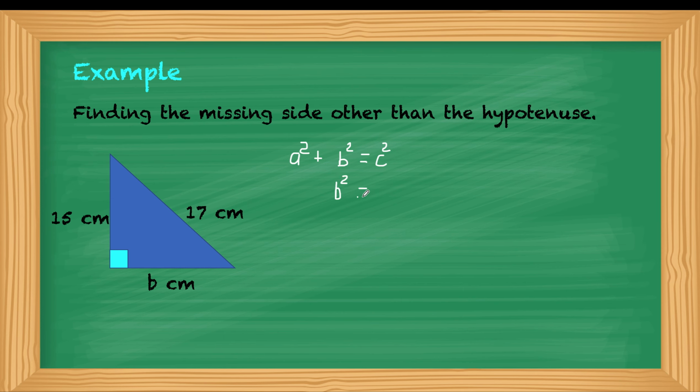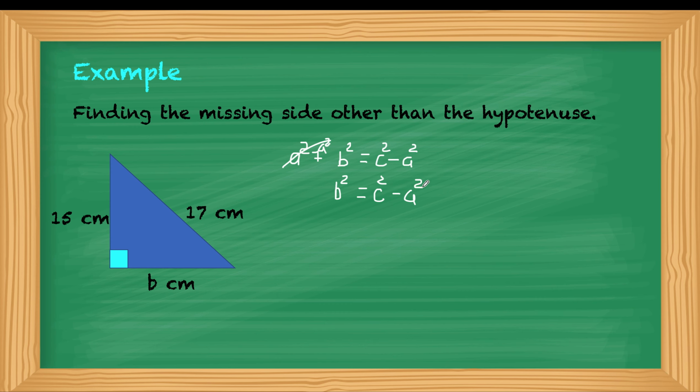Because a squared is being added on this side, we're now going to subtract to get rid of it. So we would subtract a squared over here, and we'll do the same over this side. And this one will be cancelled. So we now have b squared is equal to c squared minus a squared.